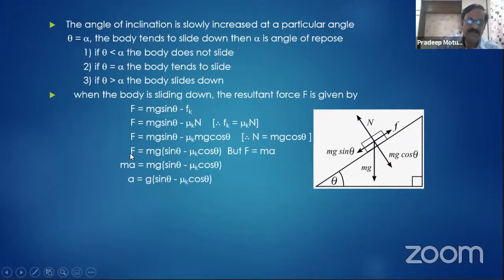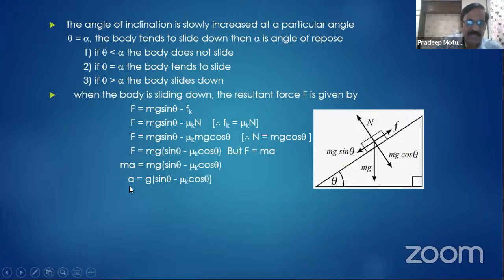Substitute the value of ma in the place of F. Therefore, ma is equal to mg into sin theta minus mu k cos theta. So here m and m cancel.